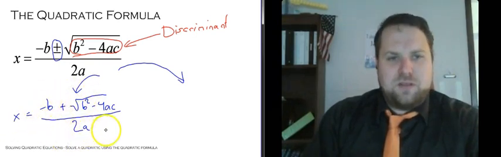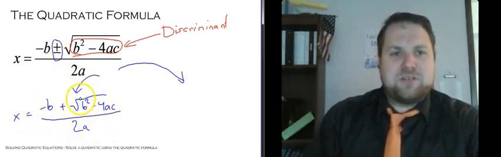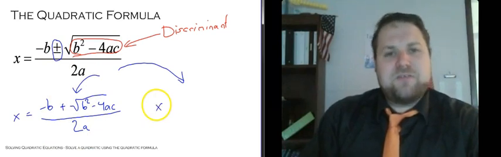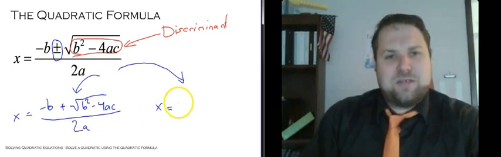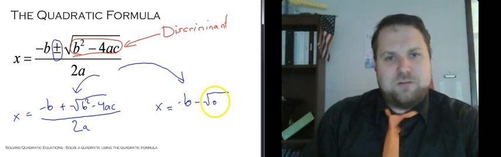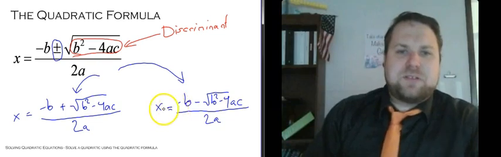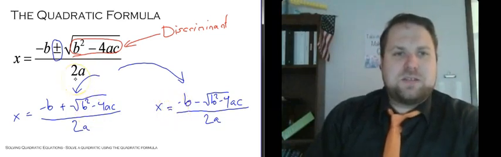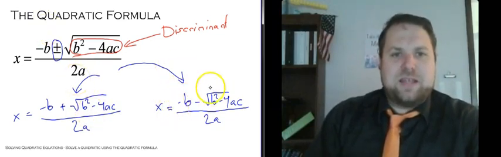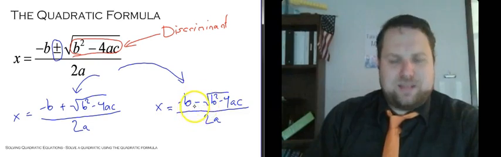So notice that one just takes the plus sign, and over here I would have a second equation, negative b minus the square root of b squared minus 4ac, all of that over 2a. And so this is how it gives us both solutions. We do it once, adding these two, and then we do it again, subtracting those two.